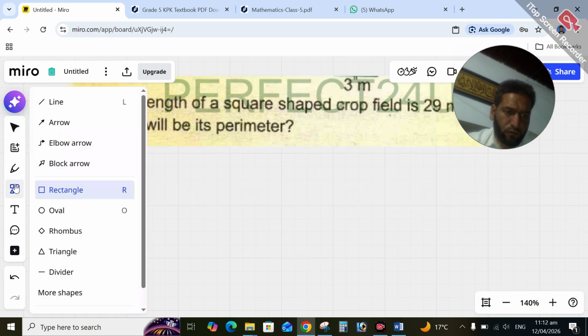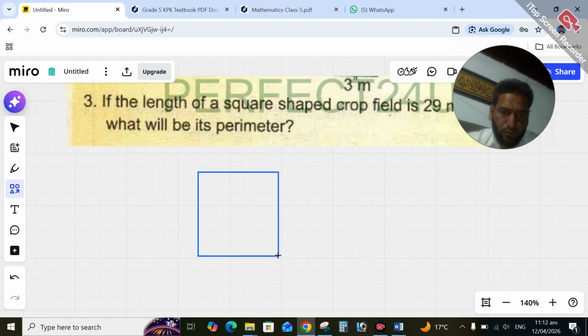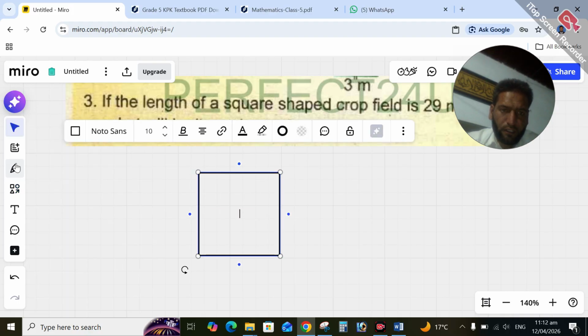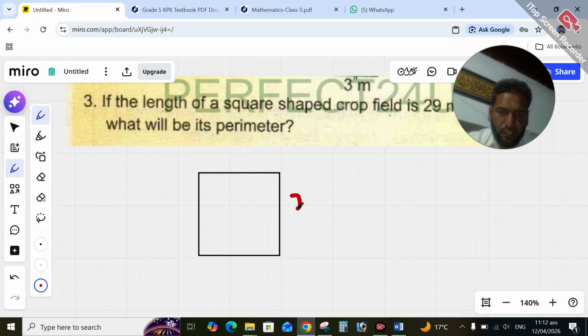So here let me draw a square shape, and the length of one side is 29 meter.